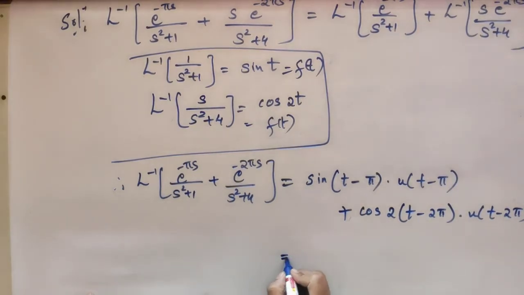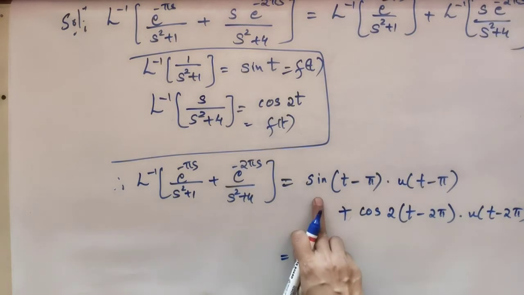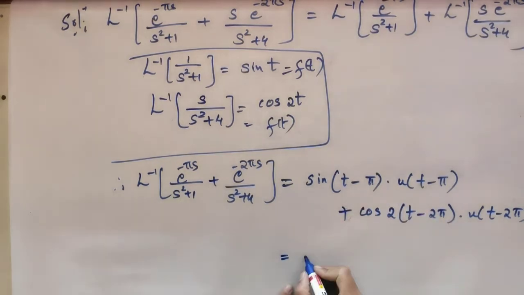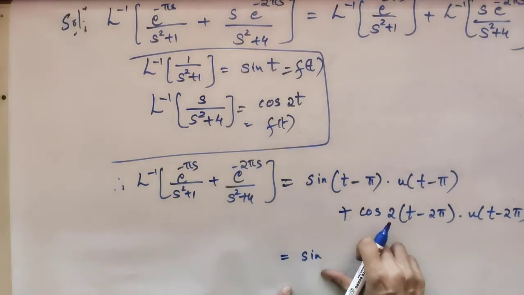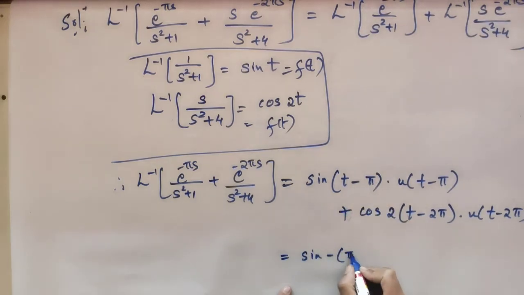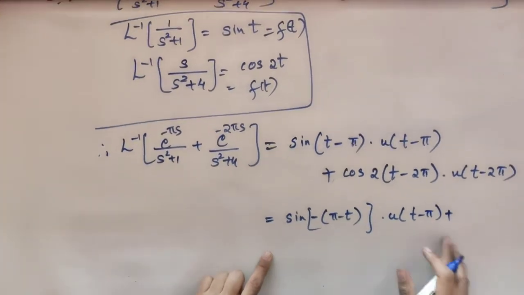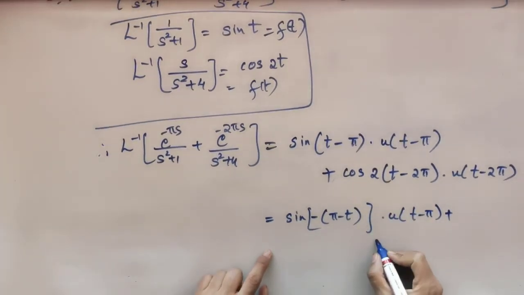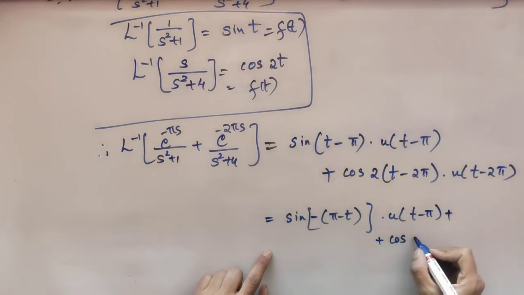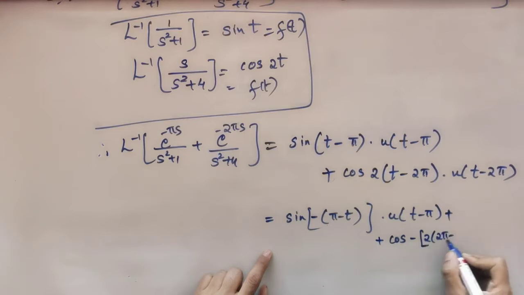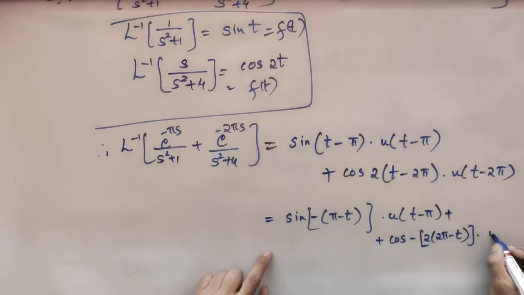Let us further simplify it. That is equal to sine of t minus pi. I can take the minus sign outside, so I can write this as minus sine of pi minus t into u of t minus pi, plus similarly over here, cos of 2 times t minus 2 pi, I will take the minus sign outside, you will get cos of 2 times 2 pi minus t into u of t minus 2 pi.